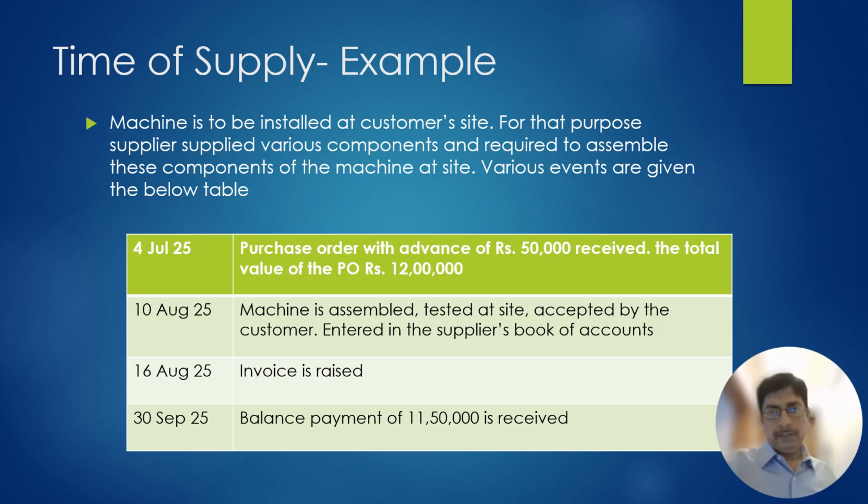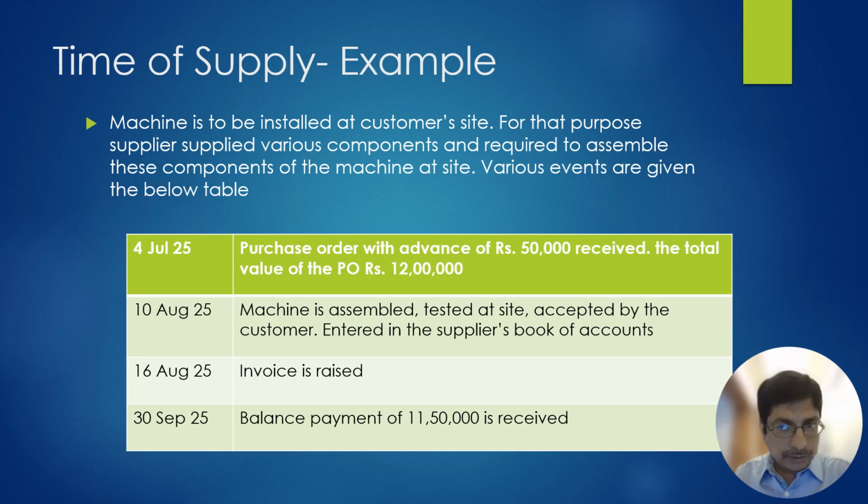Now see, in this example, the 50,000 rupees advance is received on 4th July, as per notification 66/2017. We will not pay the GST liability on 50,000 because this is an advance received. Before supply, any consideration received is an advance, and in case of supply of goods, GST is not payable on advance. That is not a time of supply. Now on 10th August, the machine is assembled, accepted by the customer.